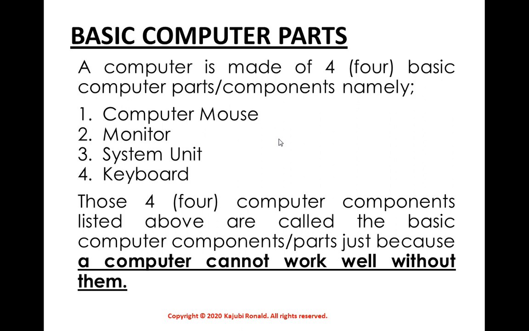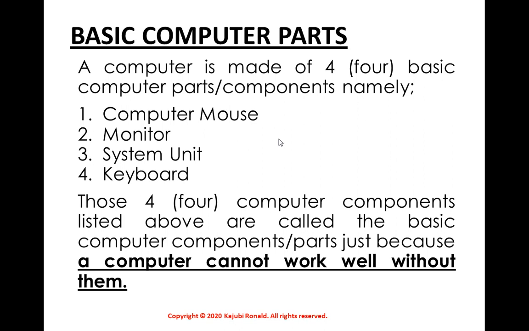We have got a computer mouse, as we shall see how it looks like. We have got a monitor, we have got a system unit, and we have got a keyboard, right? So those 4 basic computer parts listed above are called the basic computer parts, just because a computer cannot work well without one of them, right?